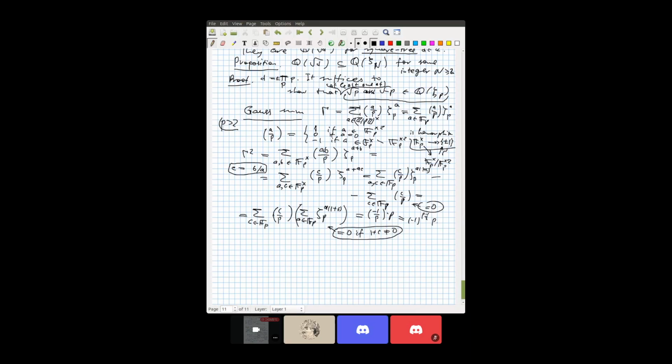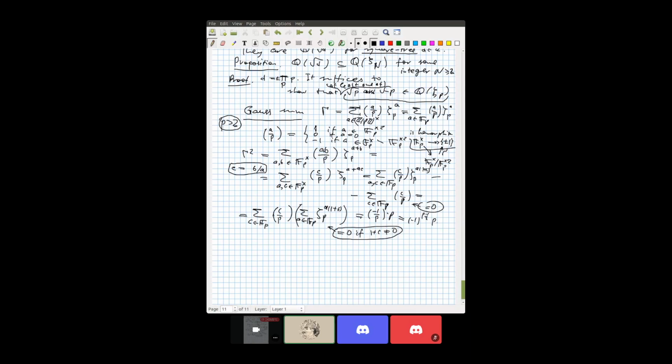It's prime, no, it may be 2. It's not 2. I don't know where, but somewhere we have used this. Let's try to see where we have used that P is at least 3.